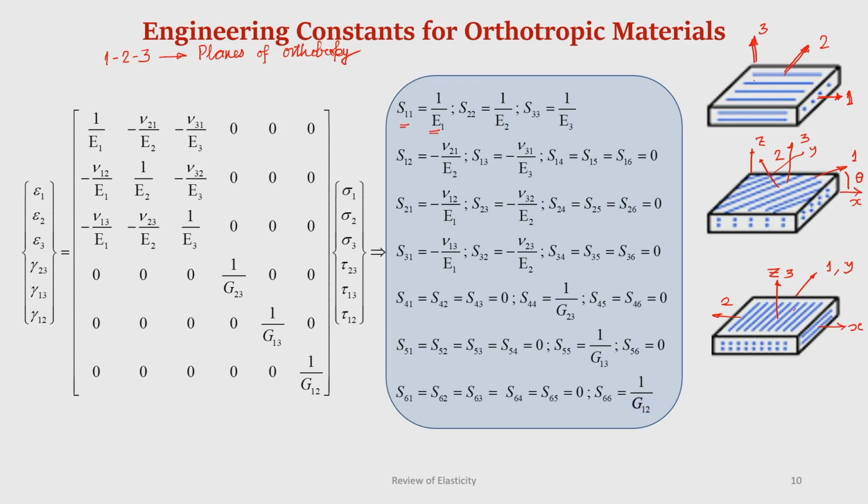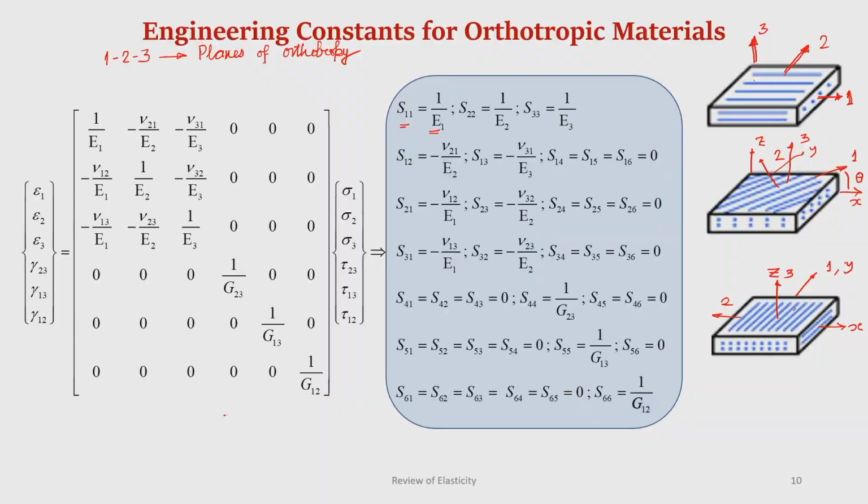Okay. Now, as we defined, engineering constants are those which could actually be measured in the laboratory. So, suppose you want to find out what is E 1, you take this lamina, okay, load it along this direction in UTM and determine the epsilon 1.